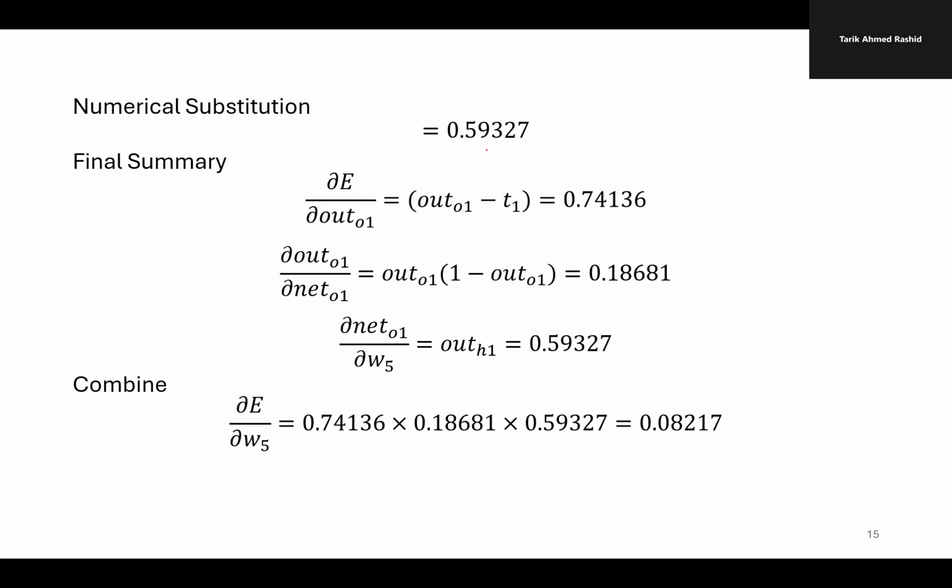Now we'll have 3 terms. We put them all together. The first, delta E over delta out, the second, delta out over delta net, and delta net over delta W. So we found the change, delta E over delta W5.